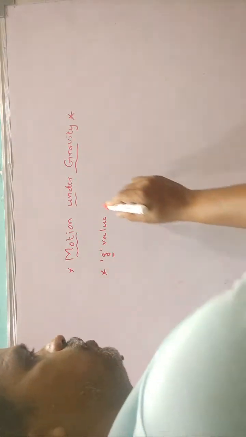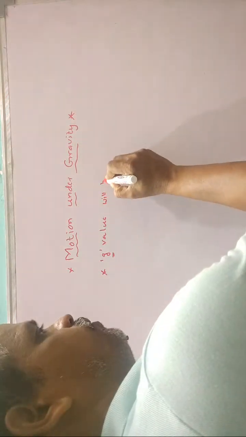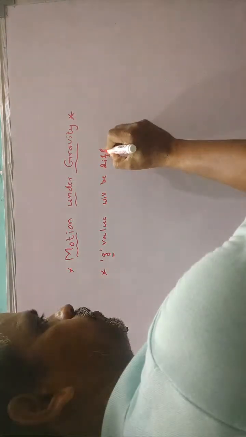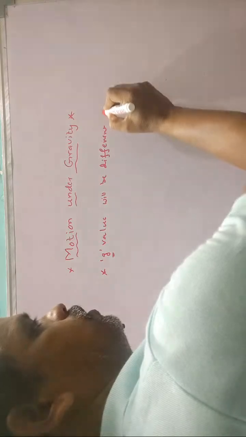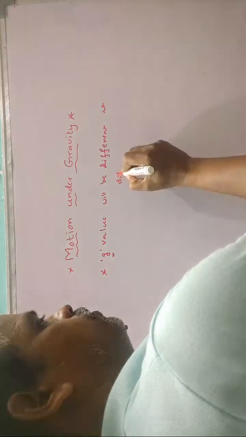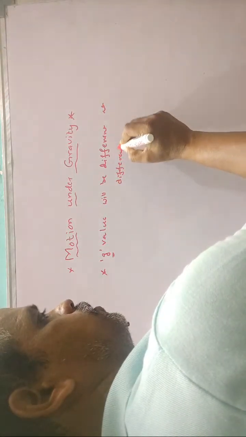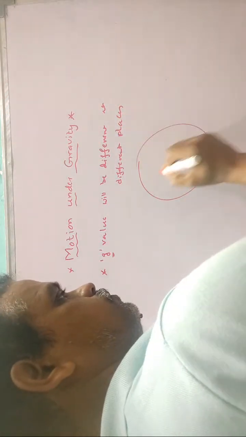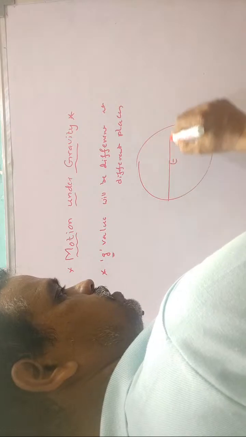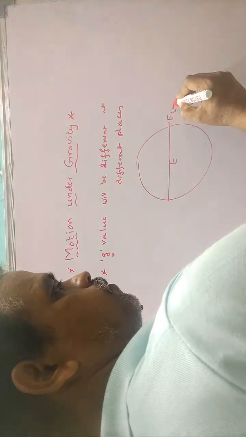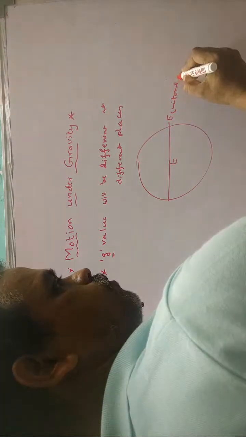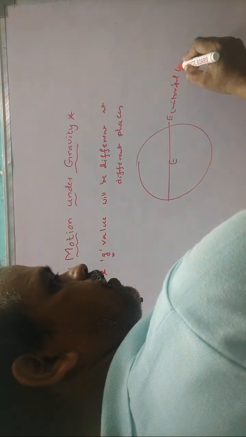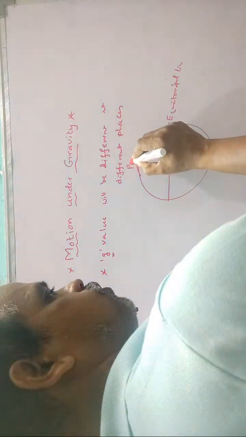The G value will be different at different places. This is the earth, this is the equatorial line, and here is the pole.